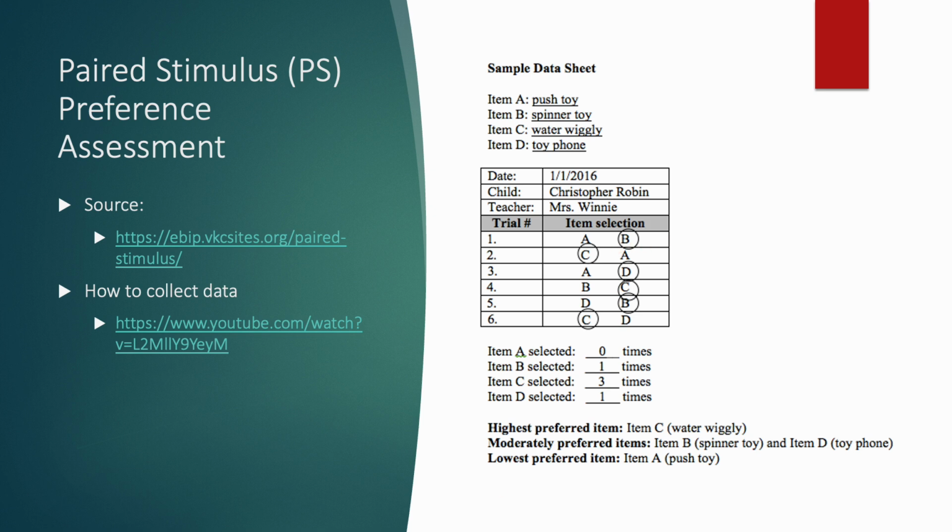One way that you can tell if a client has side bias is very easy with a paired stimulus preference assessment. As long as you're presenting the items on the side that are being shown on the data sheet, for example, if you present these items that are in this column on the right hand side of your table, oops, that's my left. Let's erase that.